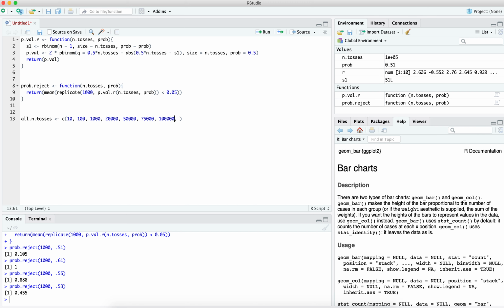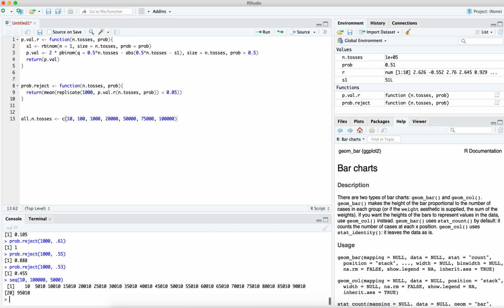Just so that we're not spending a lot of time running this. You could also do something like a sequence, like 10 to 100,000 by 5,000, whatever. That would also work, right? In fact, let's do that instead. So all n tosses is going to be this.